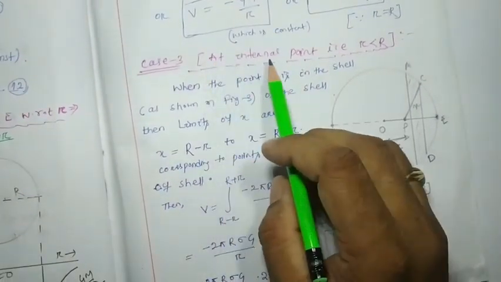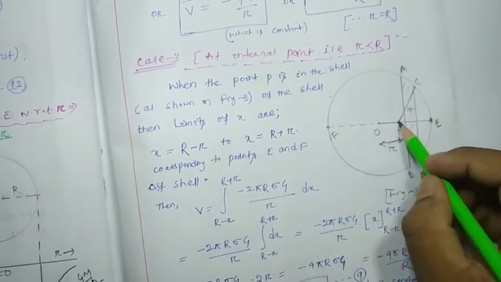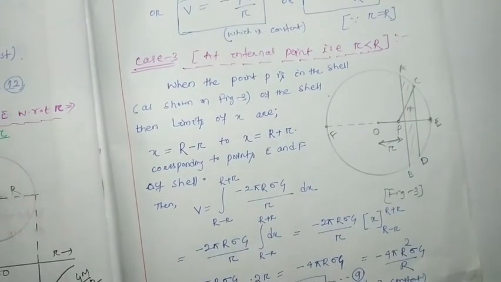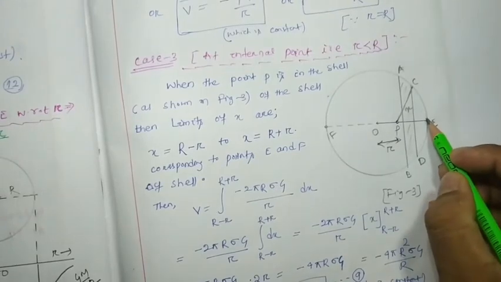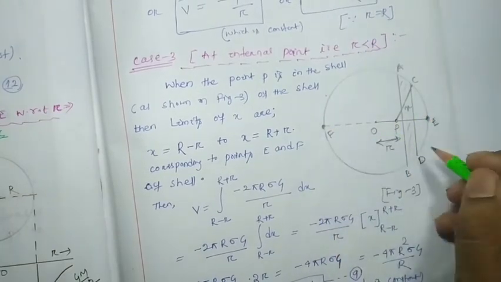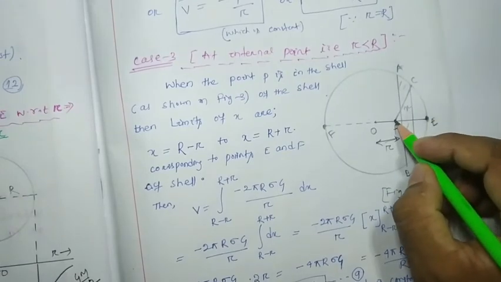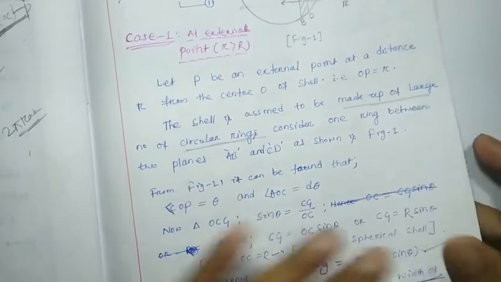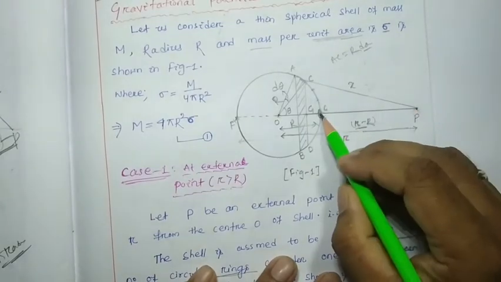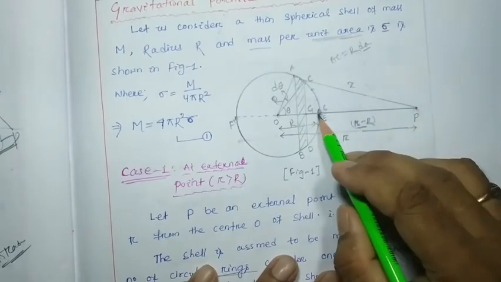Now for an internal point, that means the point is here, what will be the limit? The limit is chosen from the point to the first face, then from the point to the last face. From the point to this face, what is the distance?